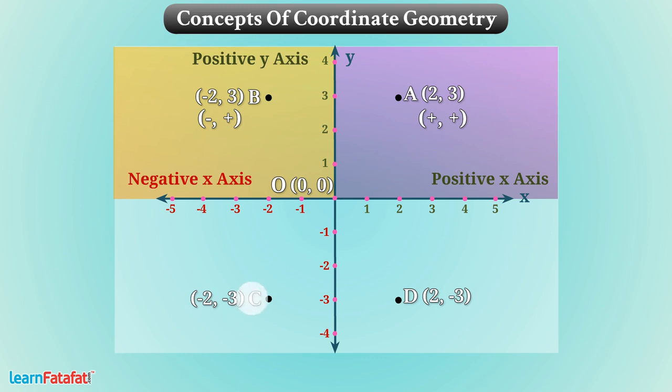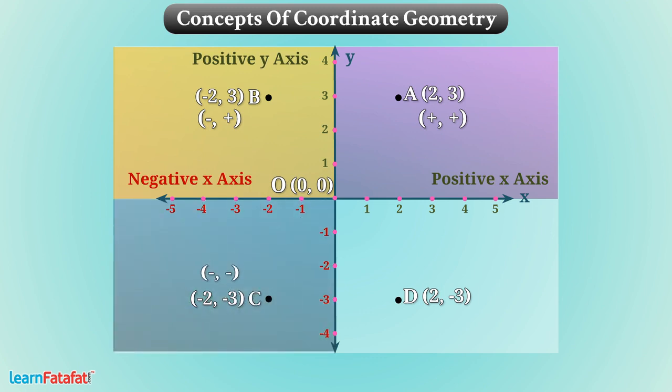The coordinates of a point in the third quadrant will be in this form, as the third quadrant is enclosed by the negative x-axis and negative y-axis. Also, the coordinates of a point in the fourth quadrant will be in the form (plus, minus), as the fourth quadrant is enclosed by the positive x-axis and negative y-axis.